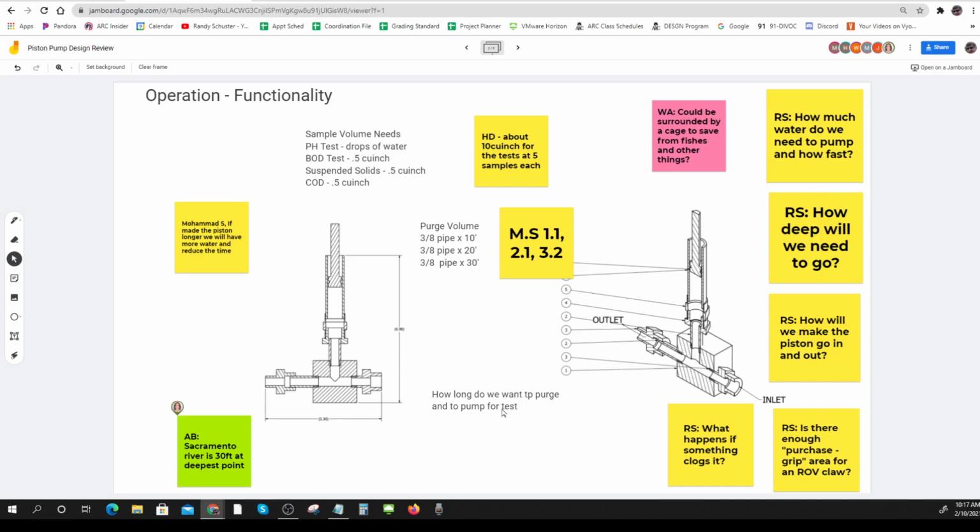What do you think? If we purge and test for about 10 minutes, 3 to 5 minutes, that'd be pretty good. Any idea how many of these locations we might want to do? I don't think that's too fast, actually. Let's say I'm going to do this in 4 places across at 4 depths so that I can really understand what it's like as that water is flowing through.